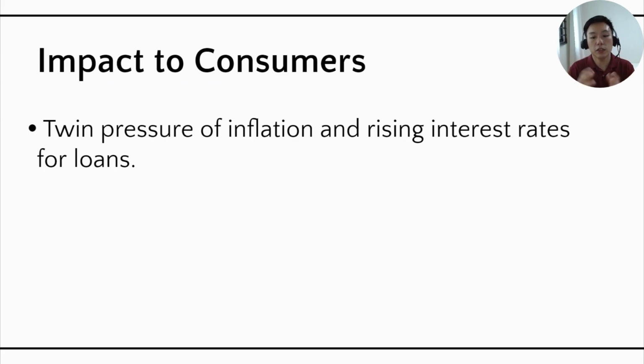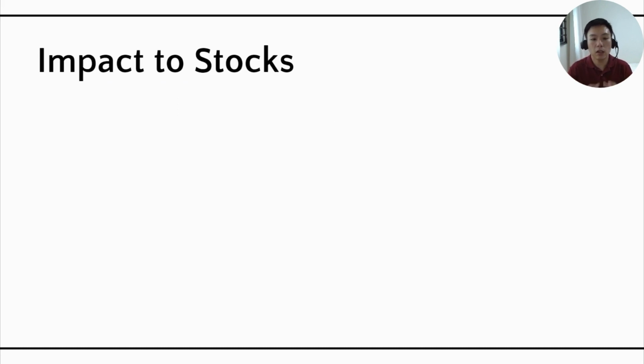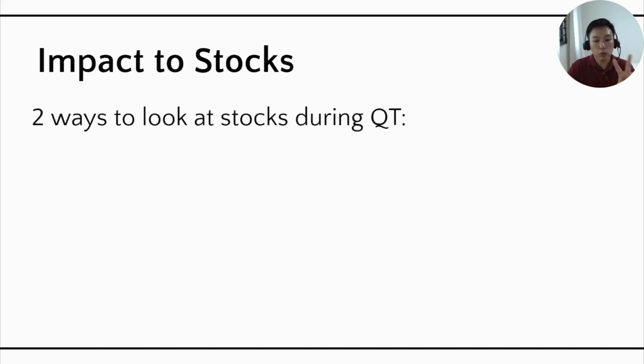And while the interest rate impact is obviously gloomy on the consumption side, it may be different on the business front. And investors can look at this impact to the businesses from two different lenses. So now let's talk about the impact to the stocks. There are two ways to look at stocks during QT.